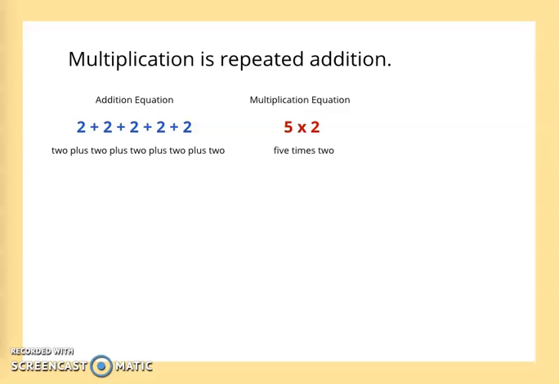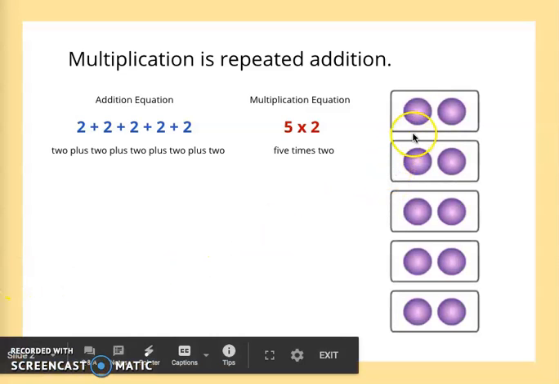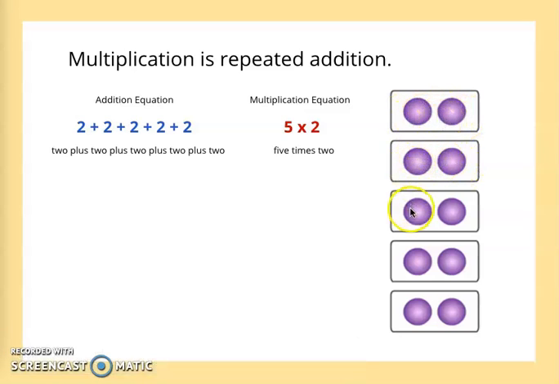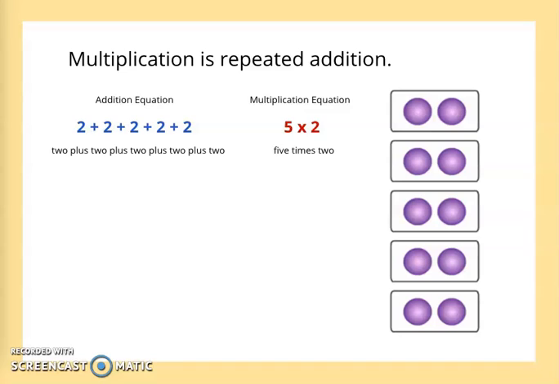I'm going to imagine that you're done, and your picture should look something similar to this. So right here I have two purple circles plus another 2 purple circles, another 2, another 2, another 2. And all together I have 10.